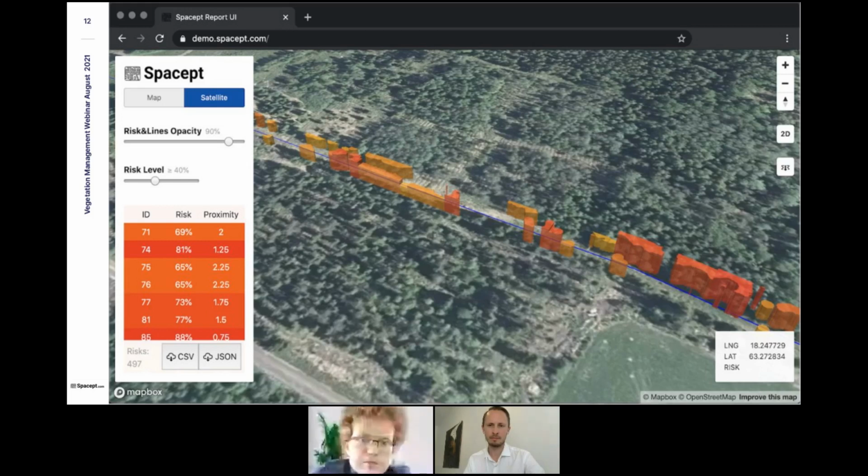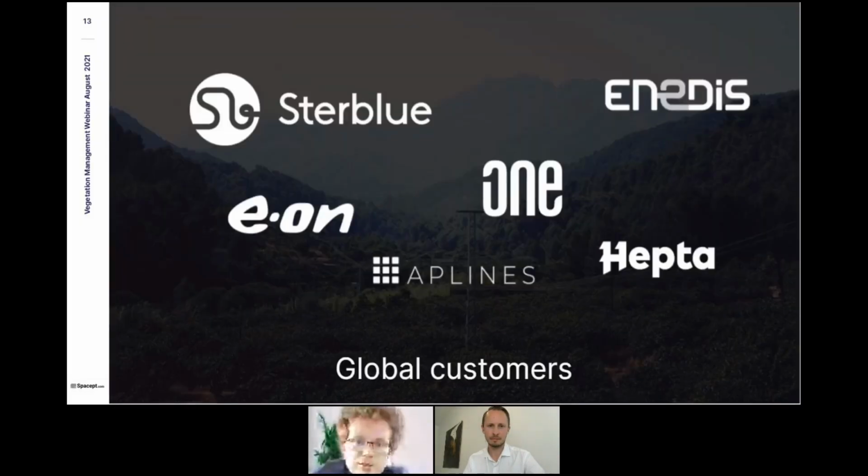This brings us to an overview of our end product, which is this infrastructure inspection technology. Through our benchmarks done in collaboration with Stair Blue and EDIS, we have inspected thousands of kilometers, but we can scale to millions of kilometers.